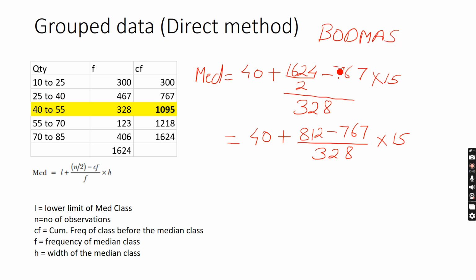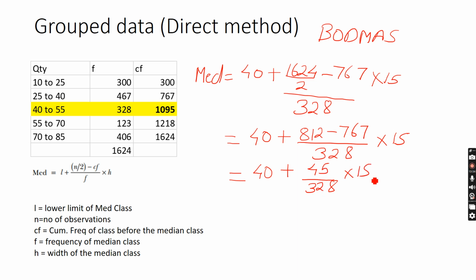What should be the sequence of calculation? Bracket open, division, multiplication, addition, and subtraction. So in our term, first we do the bracket, then division. So I write 40, we did the division 1624 divided by 2, and now we do 812 minus 767, which is 45, divided by 328, into 15.